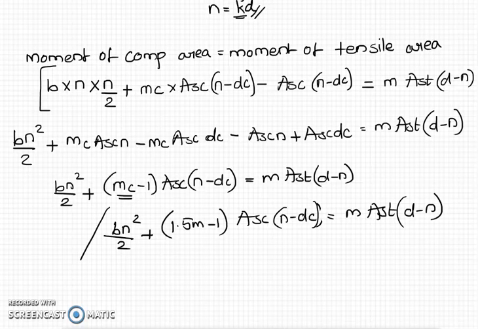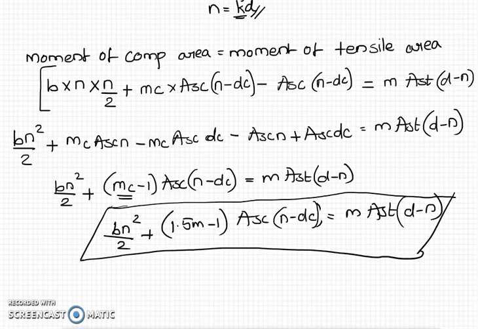So this is the final equation for depth of neutral axis for a doubly reinforced section. Now in this equation all the terms are known except N. Okay, N is unknown. So hence depth of neutral axis can be located.